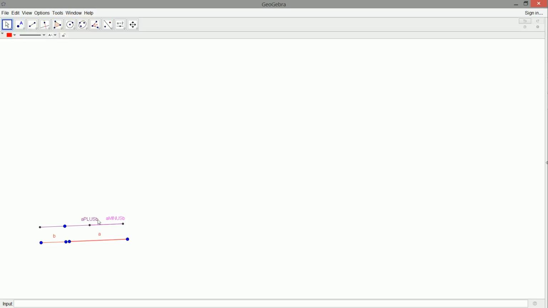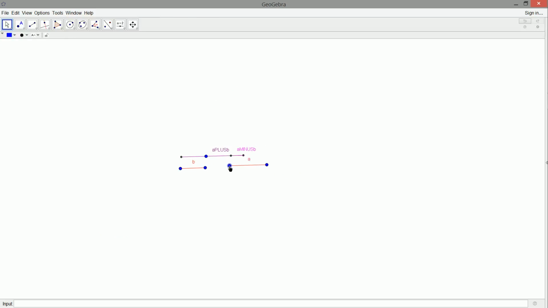But we do have in here the a plus b and the a minus b. I suppose I should move these guys up so that they're centered. So as I move a around, some of this will flip. And that's GeoGebra. But if we go back to the circles we constructed, we do know that we do get a plus b and a minus b.